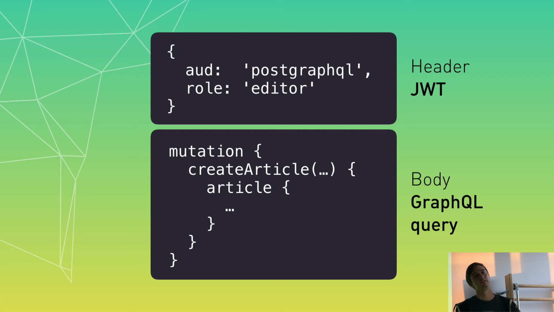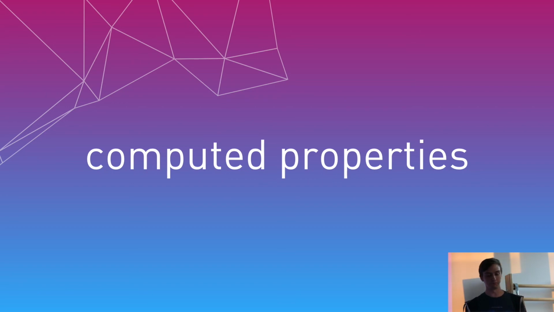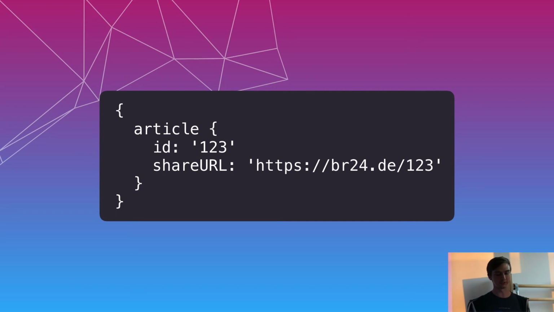If you have to change the user permissions, cut them down somehow, or expand them, instead of having to go through all users, updating each row, they can just say all users have this permission, and a user with a specific ID can select the extra data or so. Yeah, what you can do basically, and I left this part out, is computed properties. Computed properties basically are properties which have a stored procedure, which is what a function is called in Postgres, behind them to resolve them.